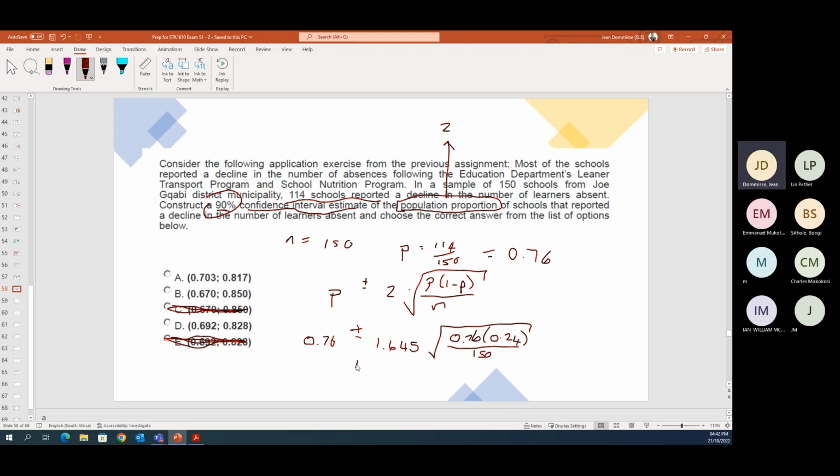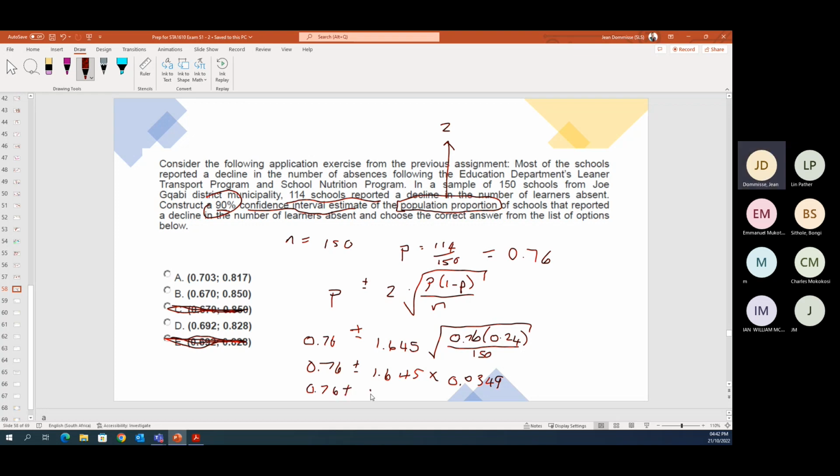So we're basically sitting with 1.645 times 0.0349. I'm hoping you guys are also getting that, and 0.76 still in front. So for me, always the easiest is first to do the plus.